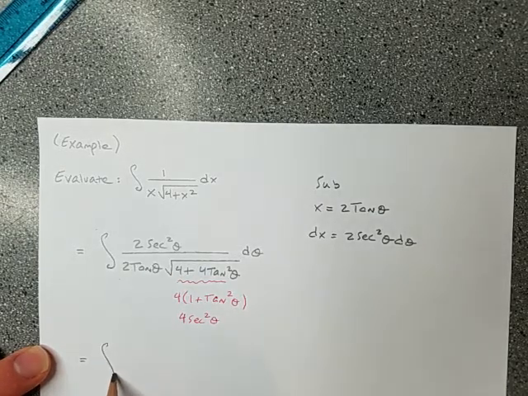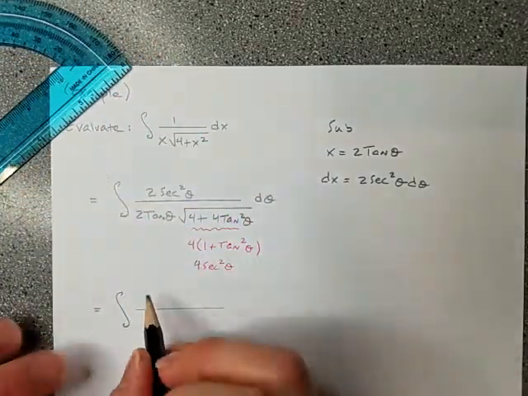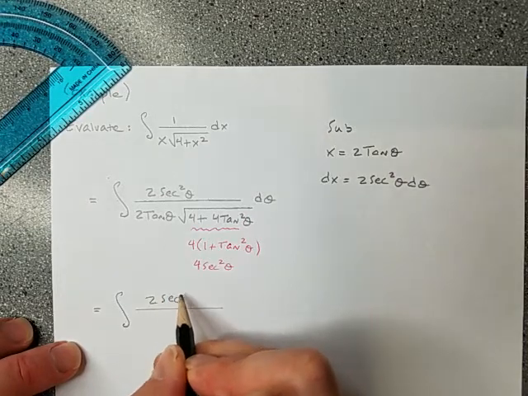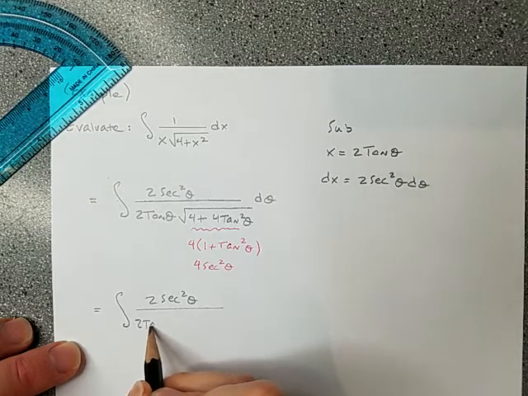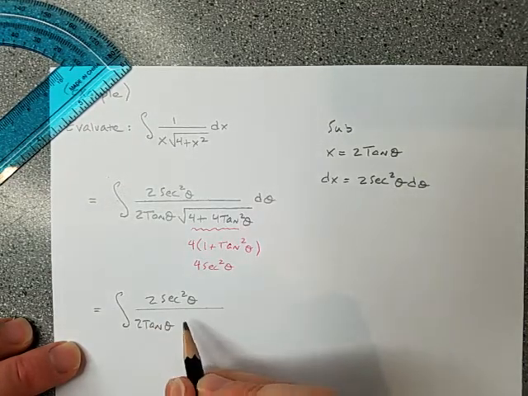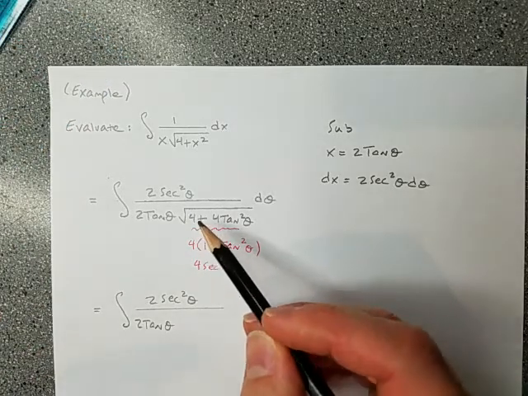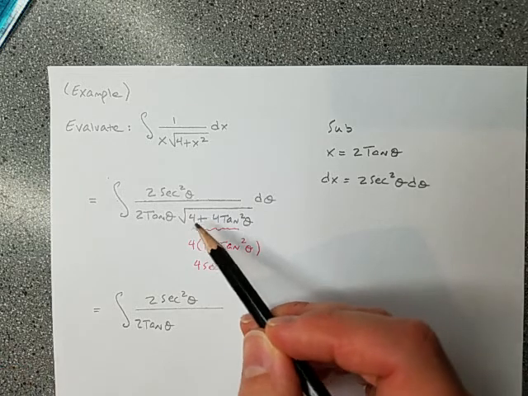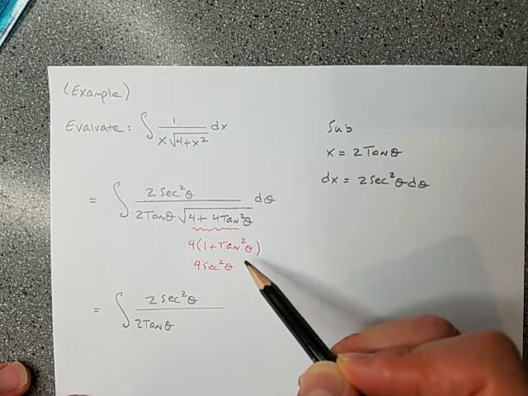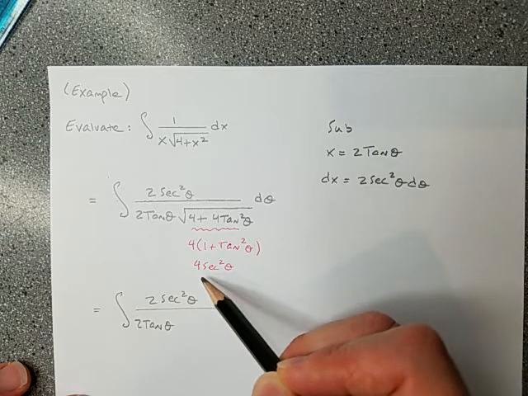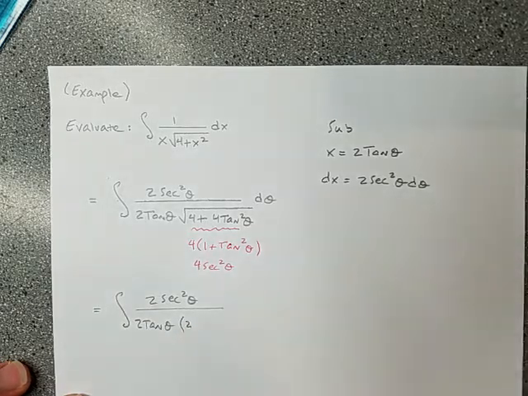So, all right, let's do this then. I get 2 secant squared on top. And I know I could have canceled the 2's, but all right, I didn't think about it. Well, eventually we'll do all that. And then I've got root here, 4 times secant squared. Now, I was just saying a minute ago, square roots and exponents distribute across multiplication. That means I can take root 4 times root secant squared. Root 4, that's 2.